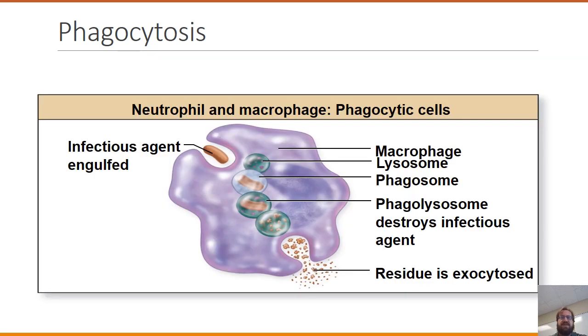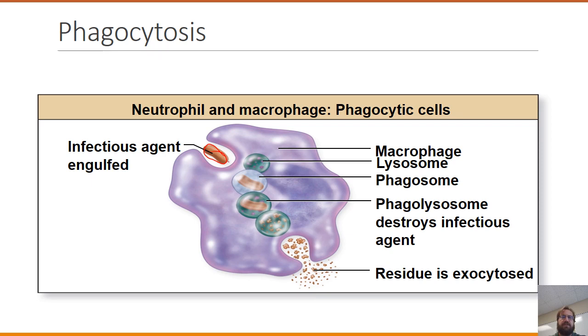The way this works is that the phagocyte finds an infectious agent through a process called chemotaxis. Chemo refers to chemicals, and taxis is to move towards something. So it moves toward a chemical attraction from that molecule.